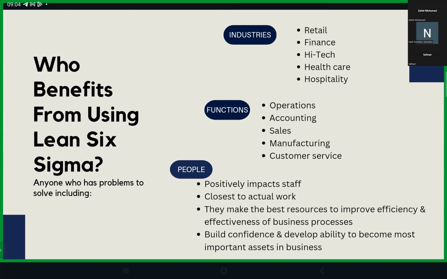And for the people, they will positively impact staff, who are closest to the actual work, and they make the best resource. Employees make the best resources to improve the efficiency and effectiveness of business processes. It will build confidence and develop the ability to become the most important asset in the business.